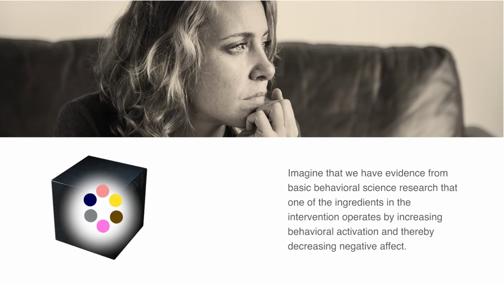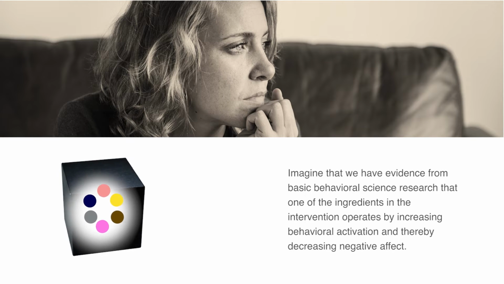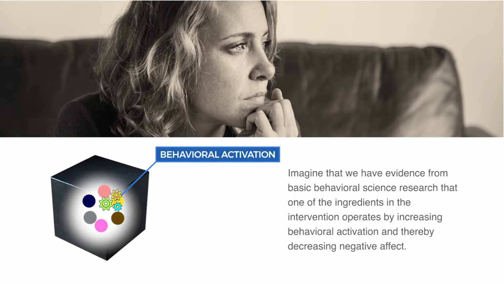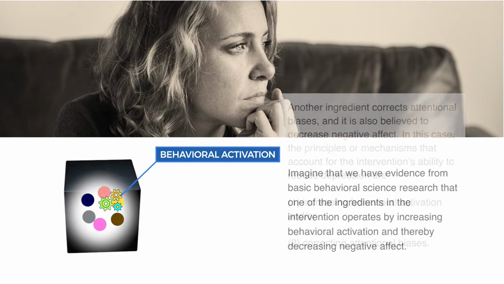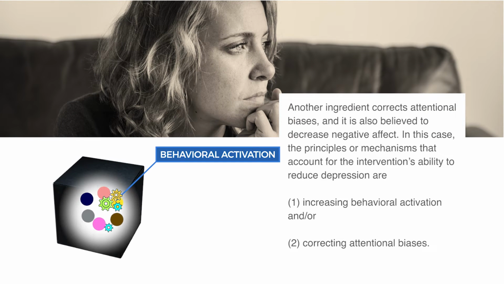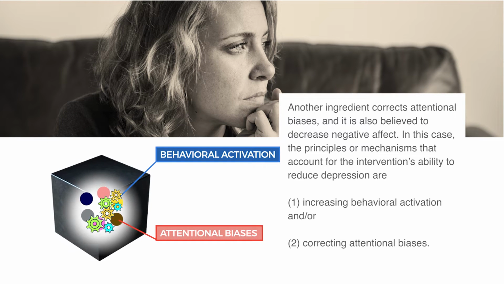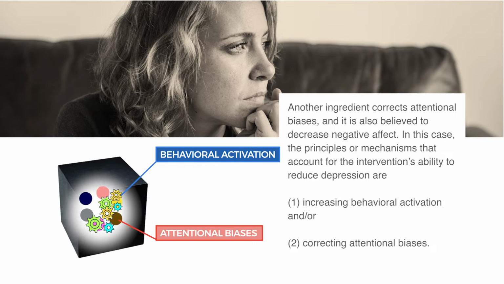Imagine that we have evidence from basic behavioral science research that one of the ingredients in the intervention operates by increasing behavioral activation and thereby decreasing negative affect. Another ingredient corrects attentional biases, and it is also believed to decrease negative affect.